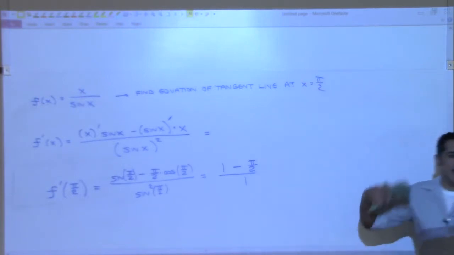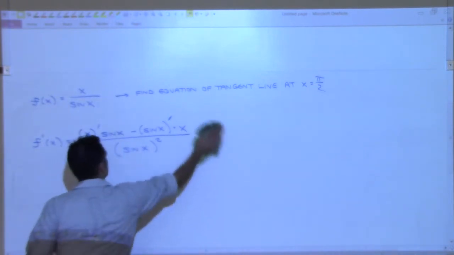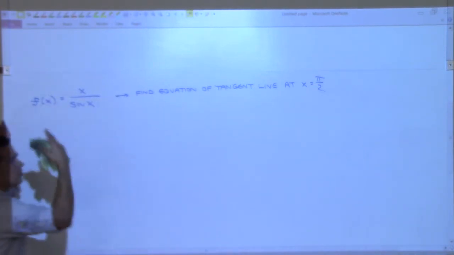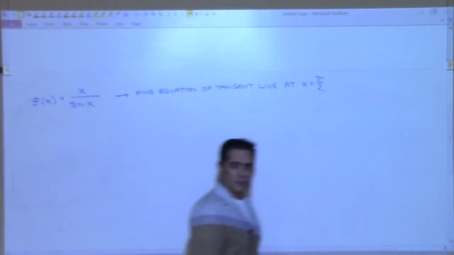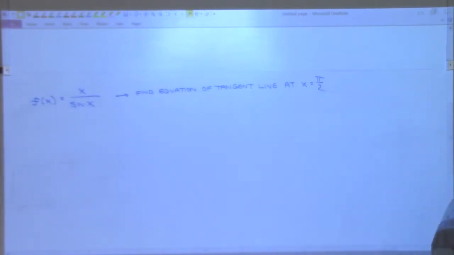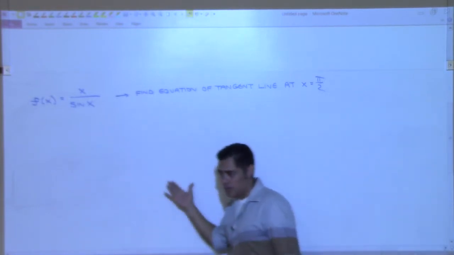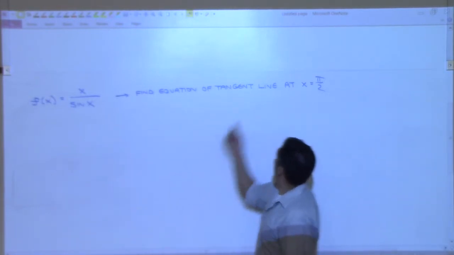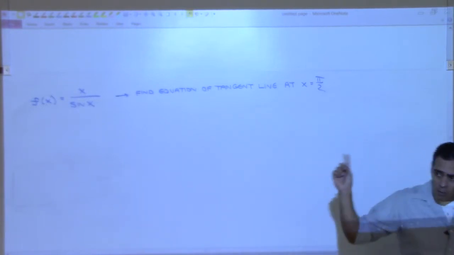So what have I added to the problem now? If this was the problem as it appears on a test, what would be the first thing you have to do? You have to do the quotient rule and get the derivative, like we just did. Then you would plug pi over 2 into it, and you would get a slope of 1, right? But that's not what we're asking for here.